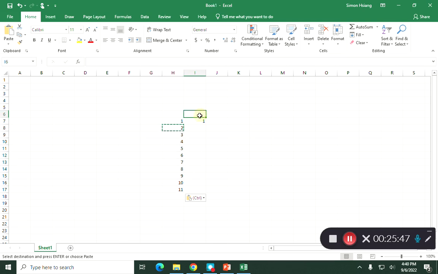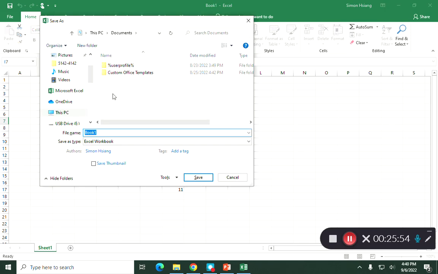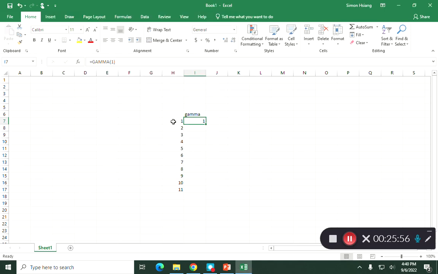So this is my gamma function, gamma of the set of numbers. Okay, so can anybody tell me what the gamma function is?